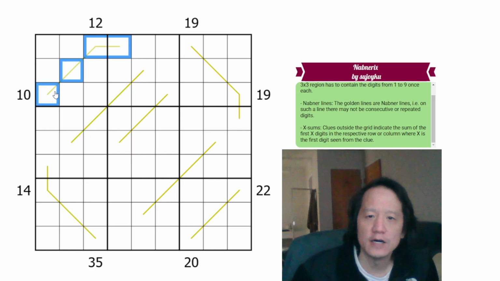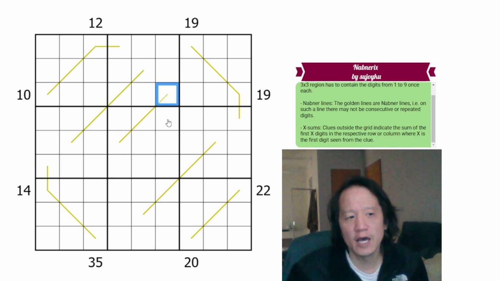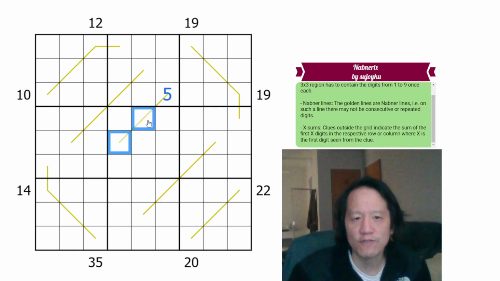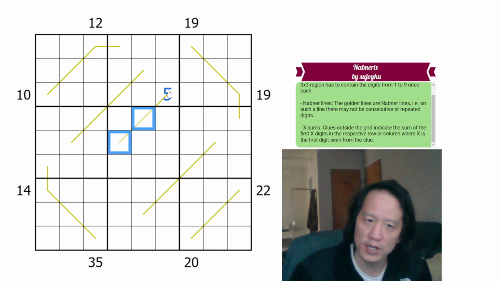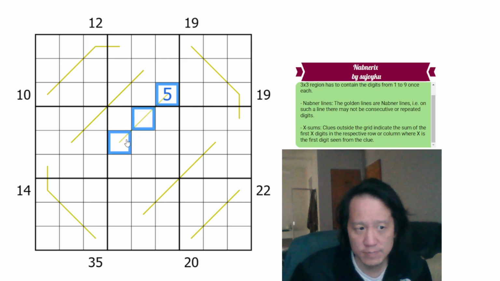That is, on such a line, there may not be consecutive or repeated digits. So, for example, if this had a 5, you could not have a 4 or a 6 along this line, and you can't have a 5 also on the line because you can't have repeats and you can't have consecutive numbers on the same Nabner line.